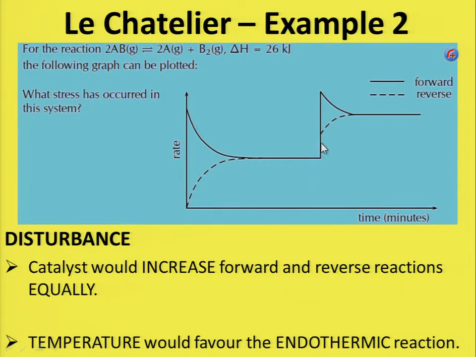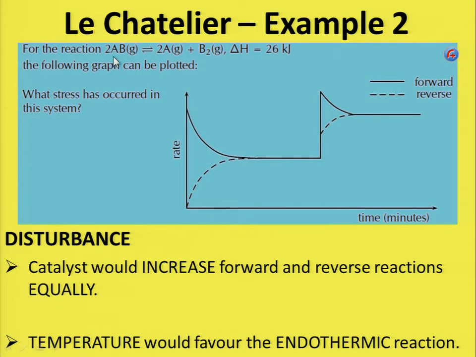That means both of the lines would end there at the top. But now the reverse reaction was not favored as much as the forward reaction. Temperature would favor the endothermic reaction more.